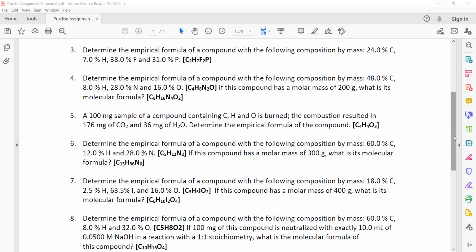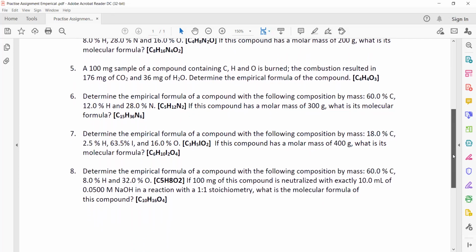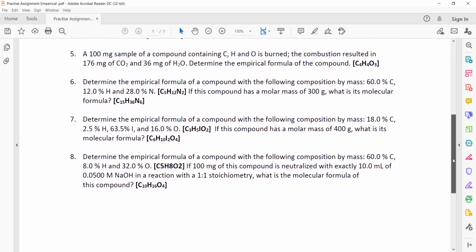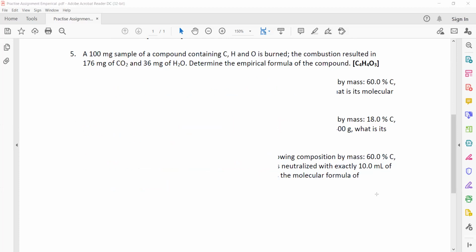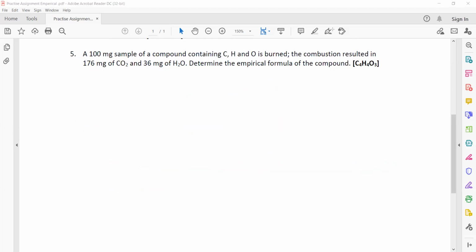Then question 5. Question 5 is a bit different compared to the other questions, because instead of giving the mass of carbon and hydrogen, as they mentioned here, we have a 100 milligram sample of a compound which contains carbon, hydrogen, and oxygen.